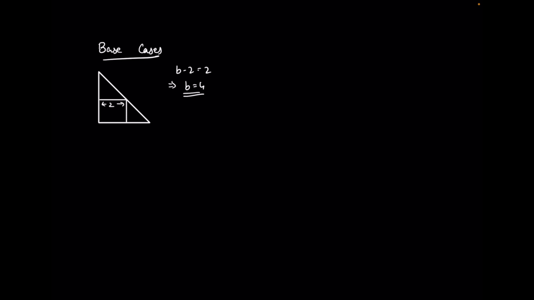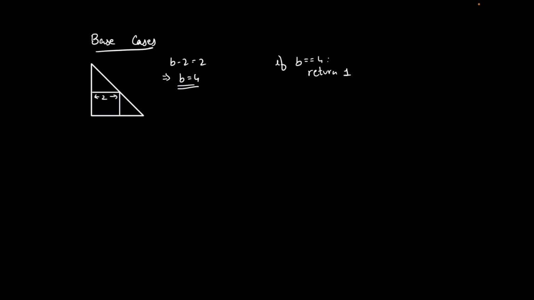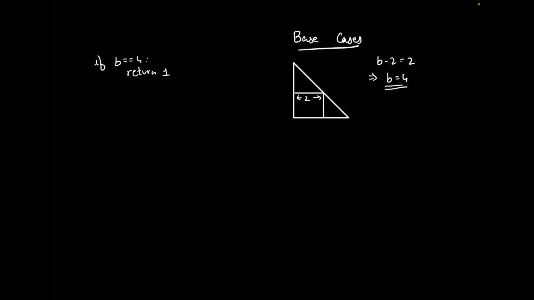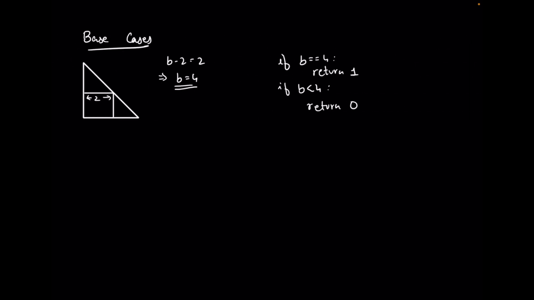So that's our base case, right? If b, which is the base length of the triangle, is equal to 4, we can only barely fit one square in it. So if b is 4, then we return 1, right? And if we have a triangle which is anything smaller than base length size 4, then we just return 0, right? So these are the two base cases that we have.